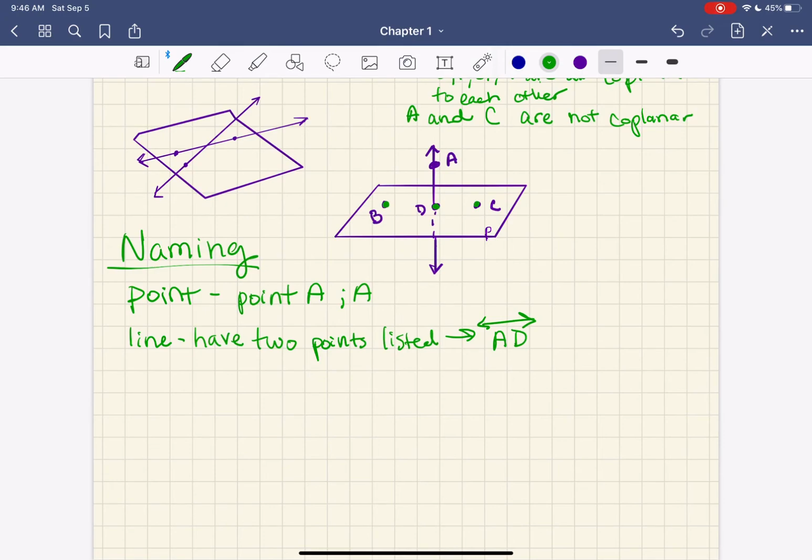And then planes. For naming planes, you would say plane, and then put in 3 points that are on that plane. So I said that B, D, and C are all coplanar, so I'm going to say plane BDC. Now, it's very important you can put any combination of B, D, and C down and say plane BDC, but you can't have A in there, okay?